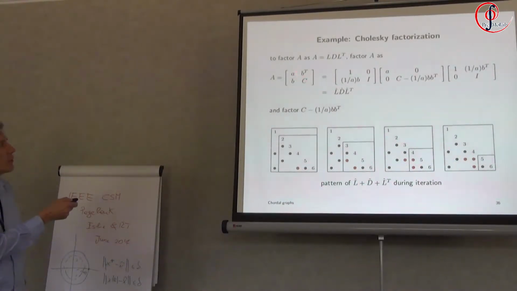You first separate the first row and column from the rest of the matrix, and then you write it as a product of a lower triangular matrix, the matrix D, and its transpose in this way. So this is a correct factorization of this matrix. You have a scalar on the first element on the diagonal, and then a smaller matrix of size n minus 1. And then you continue, you factor this matrix in the same way, and you collect the triangular matrices, and you repeat this process until you have a complete Cholesky factorization.